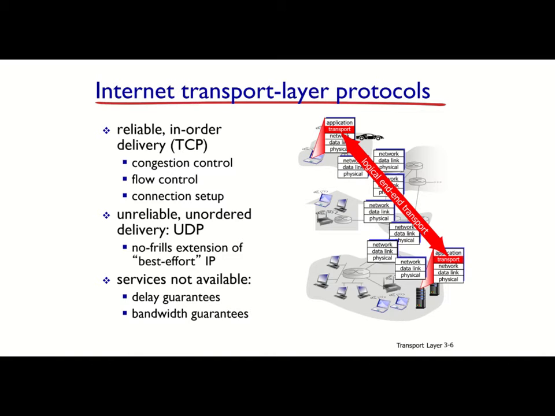For example, none of them provide guarantees on the delay or on the bandwidth. However, for example, UDP has a higher bandwidth than TCP, and also it provides less delay than TCP, but UDP doesn't guarantee any delay or any bandwidth.